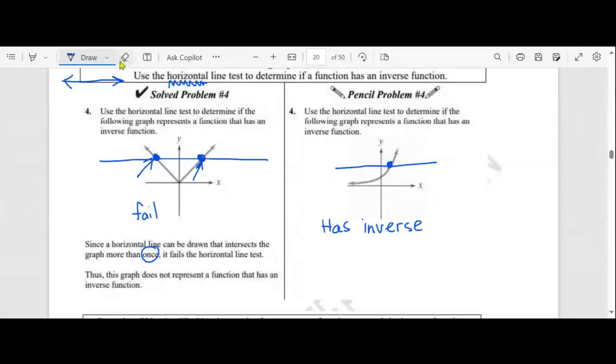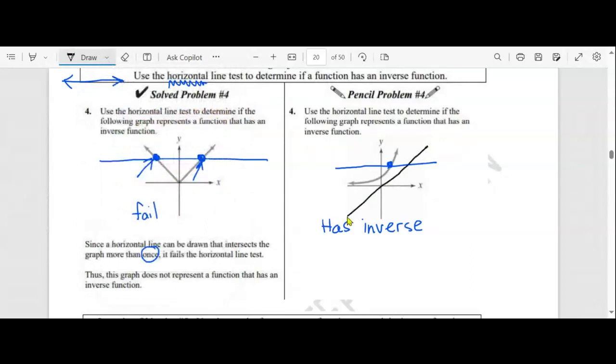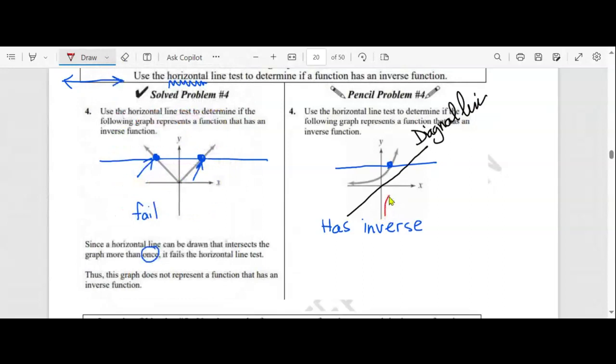Okay, what do I mean by inverse? Manually, anyone? If you make a line like this, this is called a diagonal line. If I make a line like this, that line is the inverse.